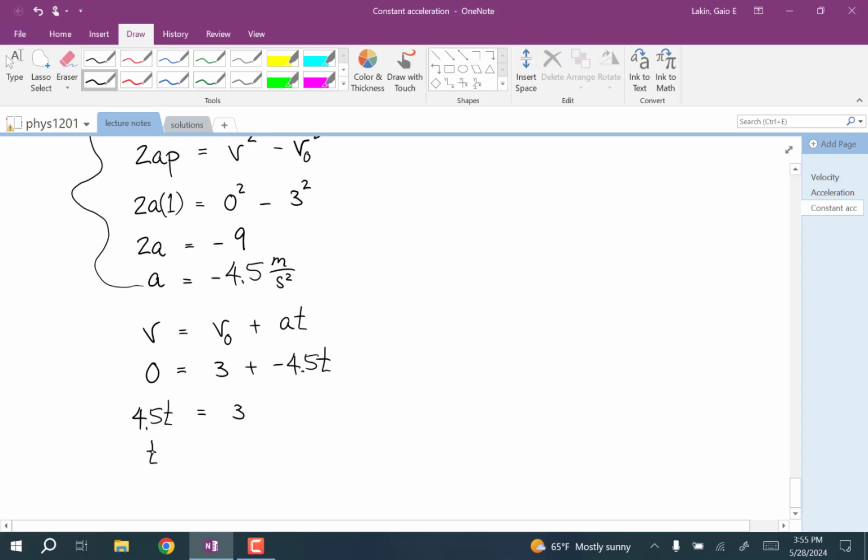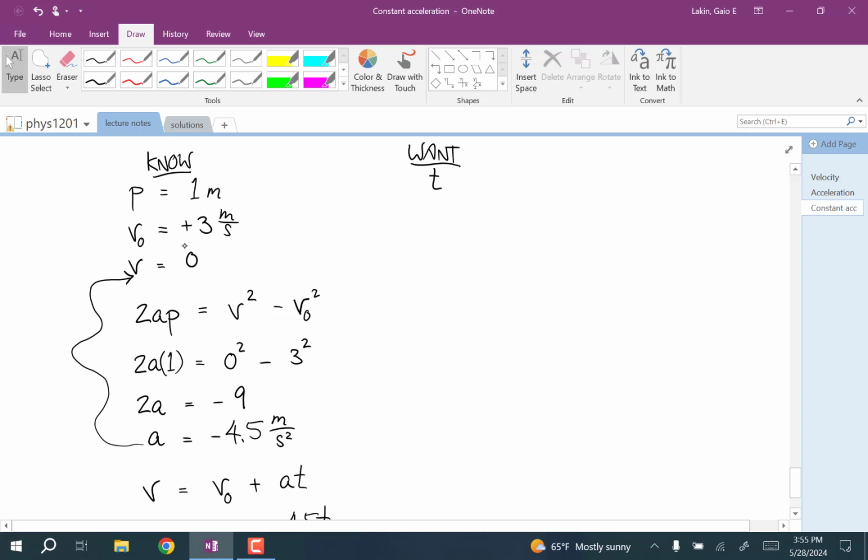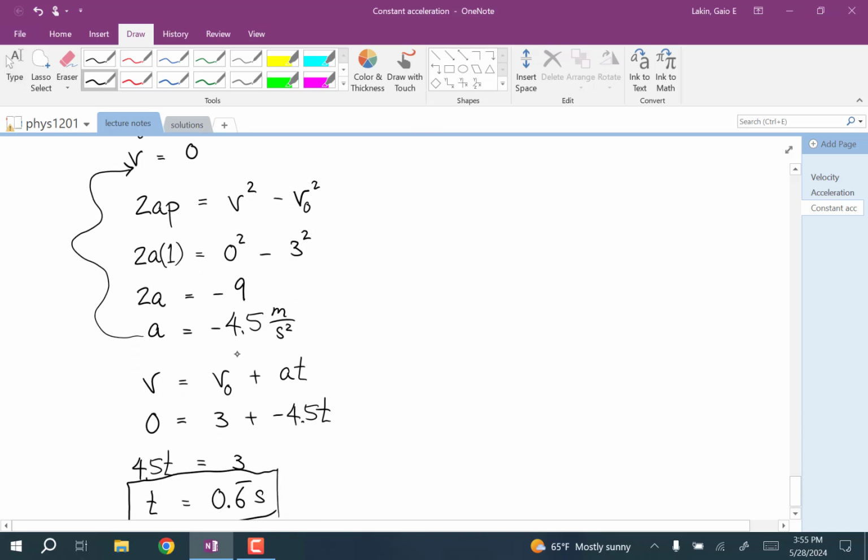And so t is equal to 0.6 repeating seconds. And now let's just think for a second about the signs of the velocity and acceleration and make sure those make sense. This ball is slowing down during the interval we're thinking about. The velocity is positive. It's between 0 and 3. The acceleration is negative. That makes sense because it's slowing down.